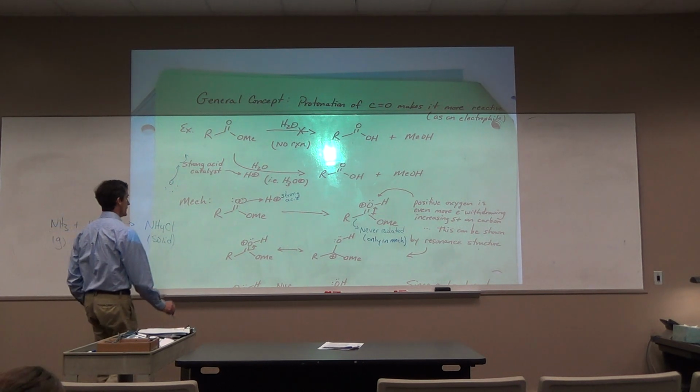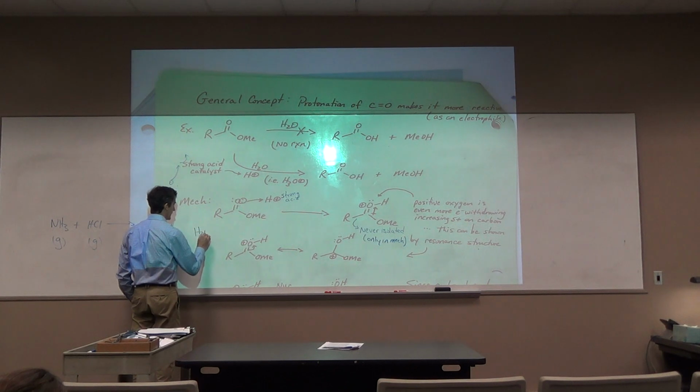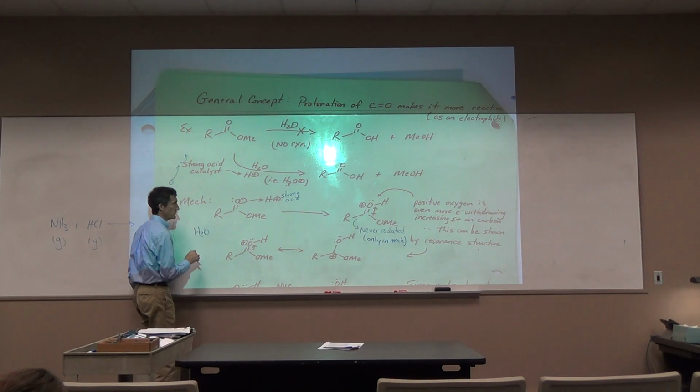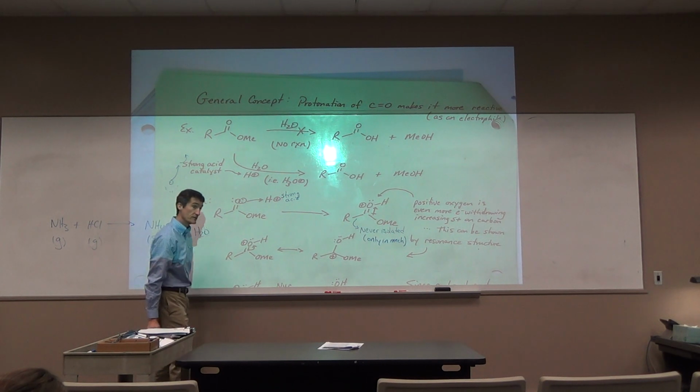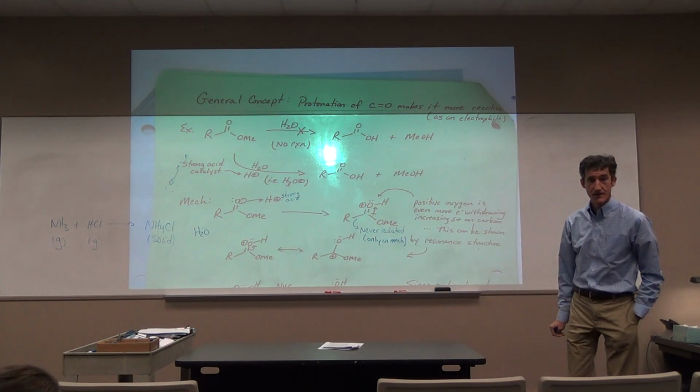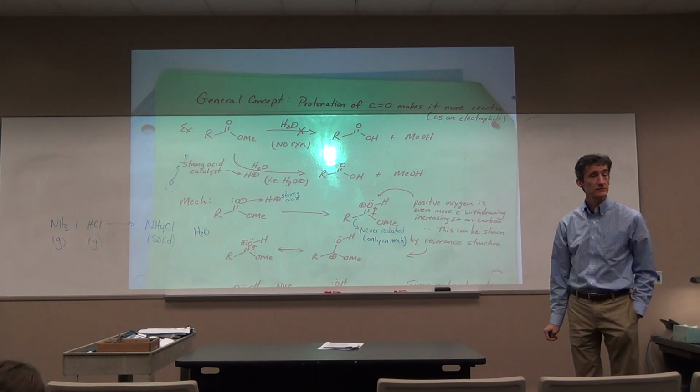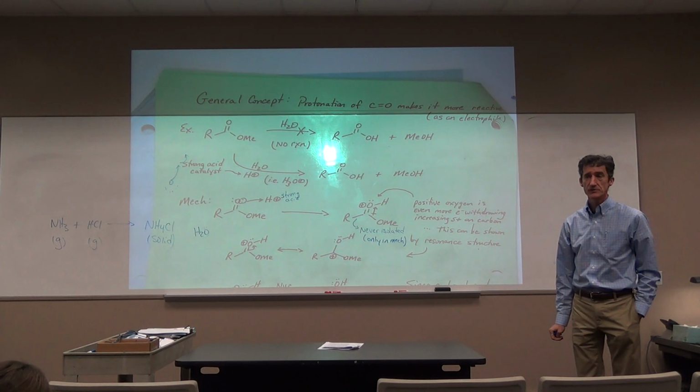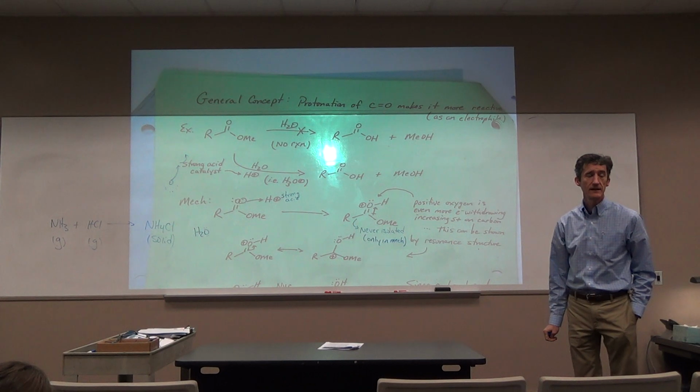Because if you got water, which is a stronger base, water or the carbonyl? One. You seem confident in that. They're both oxygens. What's the difference? Hybridization. What's the hybridization of the oxygen in water? sp3.